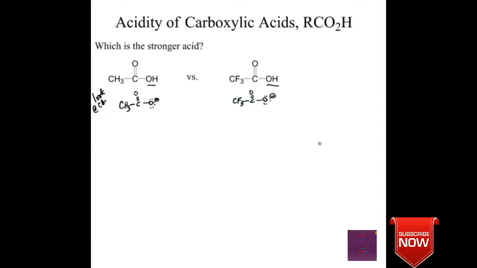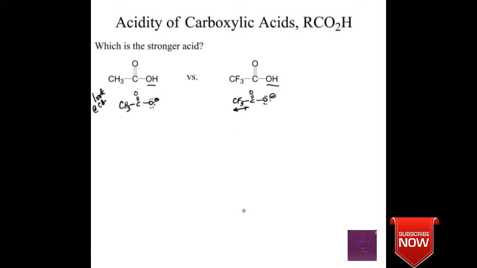Now in this case, they're both carboxylates, right? So they both have the same resonance. So we need to find some other difference. The difference, of course, is that here we have hydrogens on the CH3. Here we have fluorines. And what effect is that having? Well, what do you know about fluorine? We know that fluorine pulls electron density toward itself.